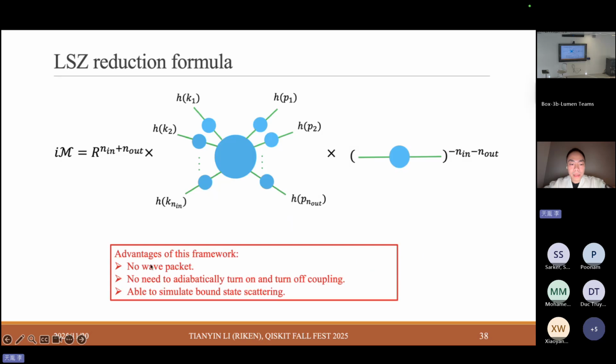And here are some advantages of our framework. Firstly, we need not prepare the wave packet, and we also need not adaptively turn on and turn off the coupling, and we can also simulate the bound state scattering in our framework.